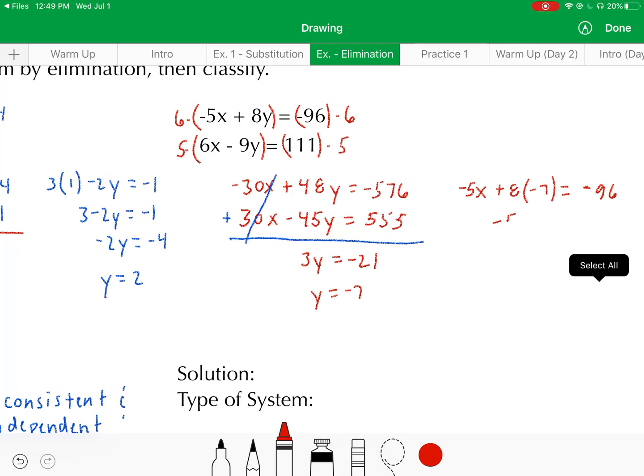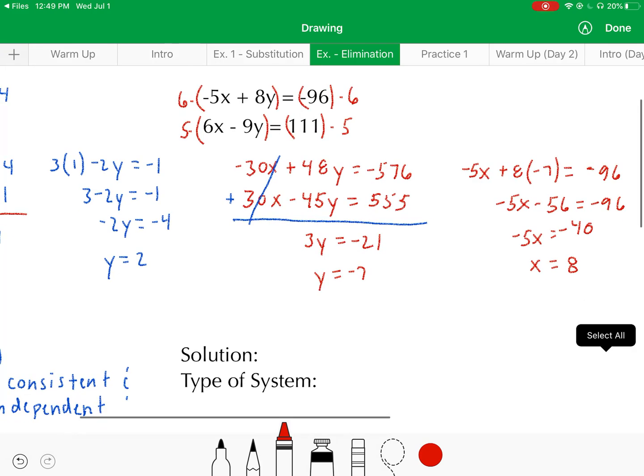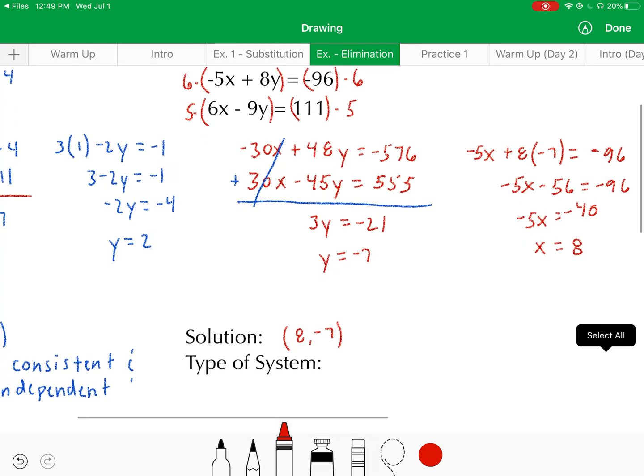Solve for x. All right, so one more time, solution is (8, -7), and we have a consistent and independent system once again.